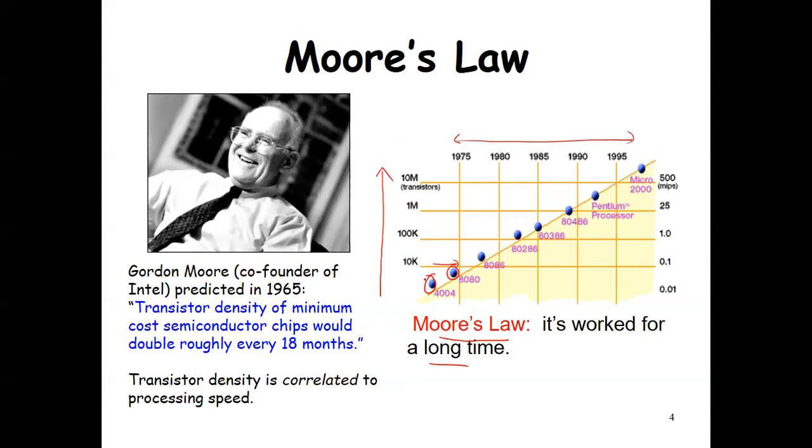The number of transistors used in 4004 may be 2000, something like that, right? And the number of transistors used in 8086 is around 11k. The number used in 80286 is 100k. The number used in 80386 is maybe 120k, and so on and so forth.